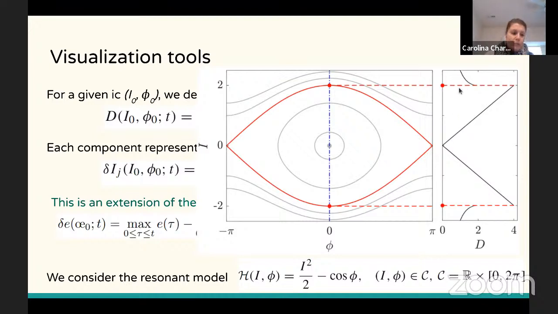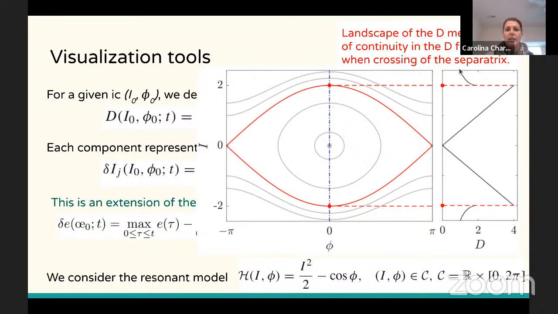But once we reach the separatrix, there is a sudden loss of the regularity of the function, the metric D. And after the crossing of the separatrix, we see that the metric decreases monotonically. So there is a sudden loss of the continuity of the D function when we cross the separatrix, and of course, D is not differentiable at E equal to 0, and of course not at the separatrix because it's not even a continuous function.